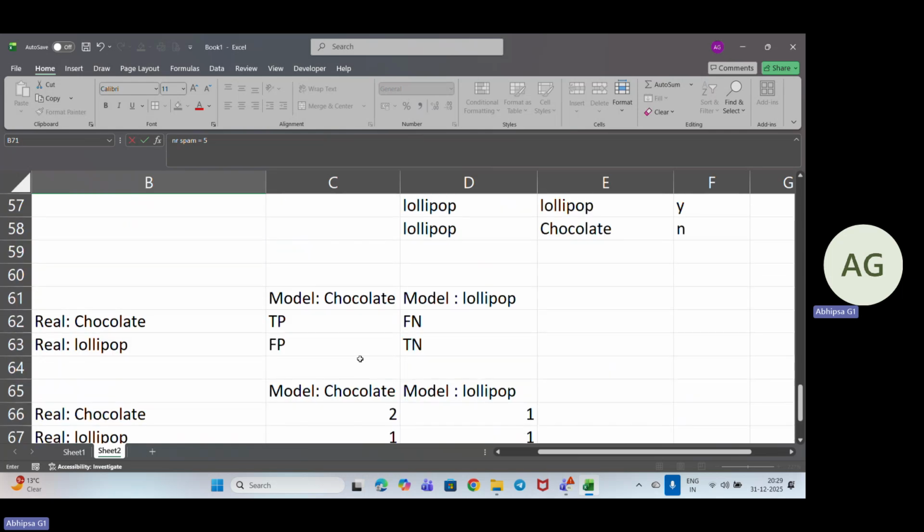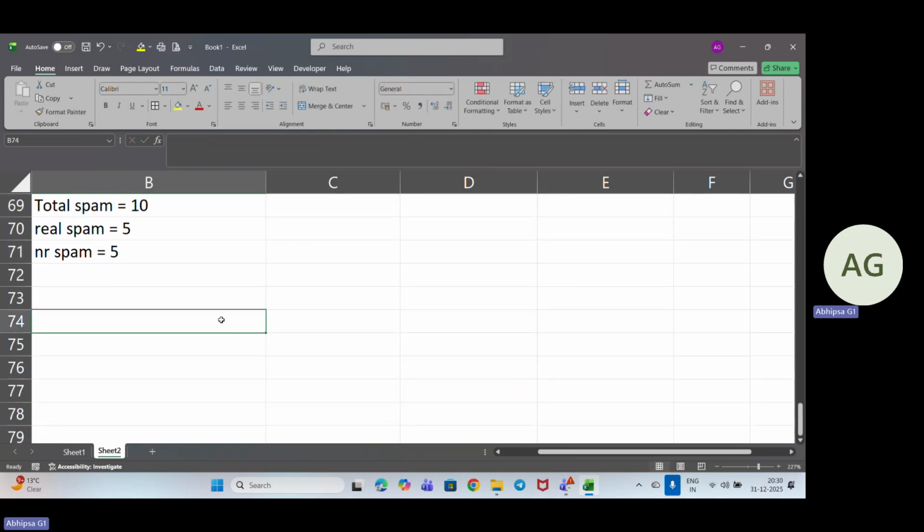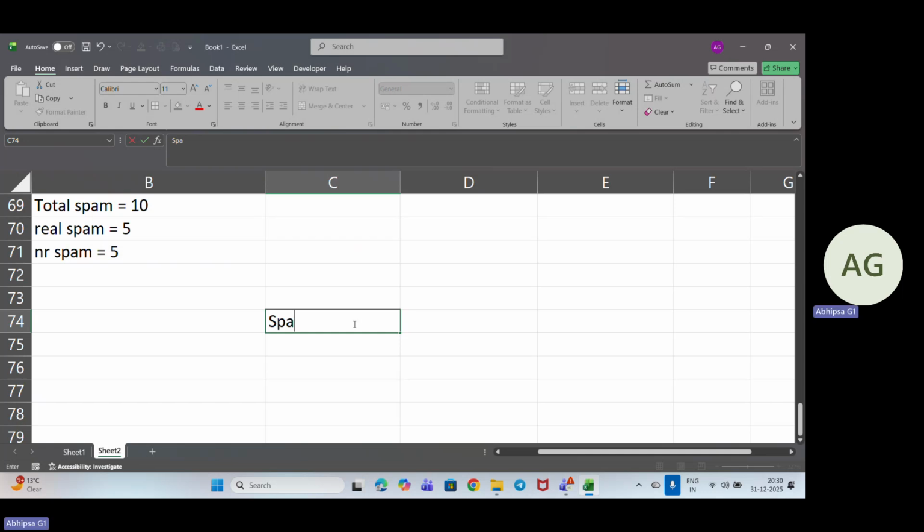Now here, the same thing we will be taking, real spam, like first one is spam. Okay, let's take it here. Spam, and this one is not spam.